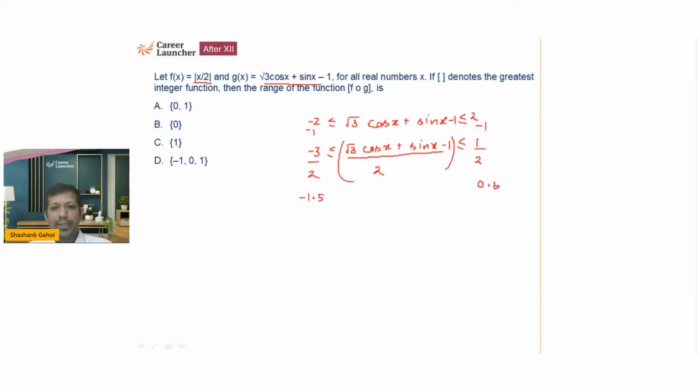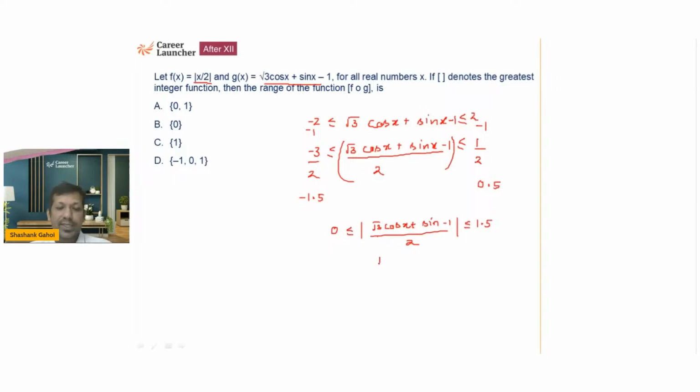Okay, now if I take mod of this, the mod of root 3 cos x plus sin x minus 1 divided by 2 is going to be, since it is mod, greater than or equal to 0 and less than or equal to 1.5.